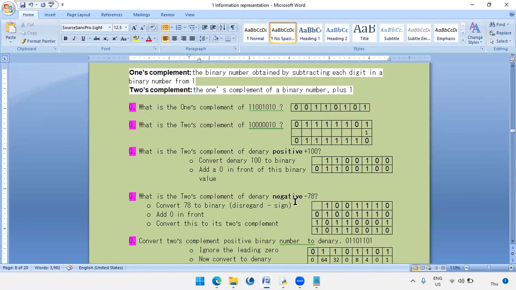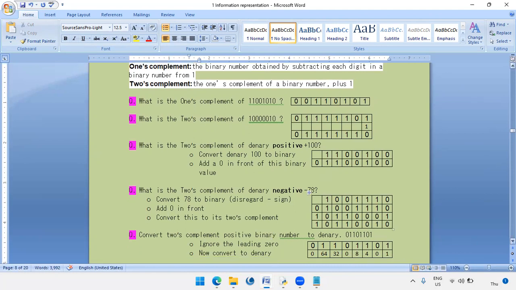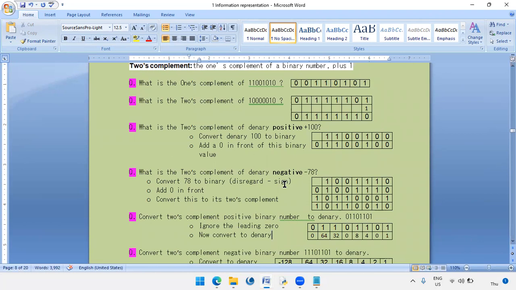What is the two's complement of denary negative 78? Convert 78 to binary, disregarding the minus sign. Just convert 78. 1, 2, 4, 8, 16, 32, 64. 64 plus 8 is 72, 76, 78. Correct. Then add a 0 in front of this number.